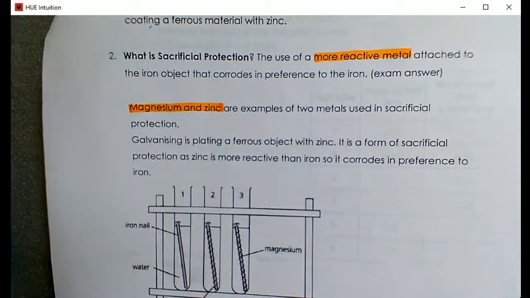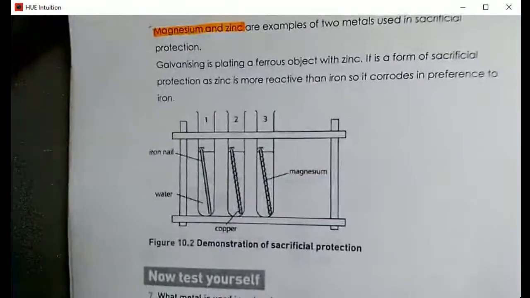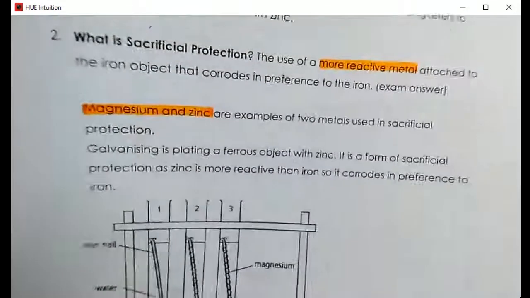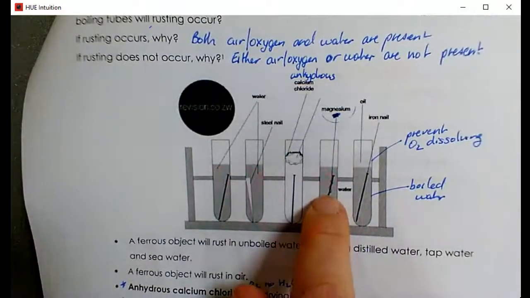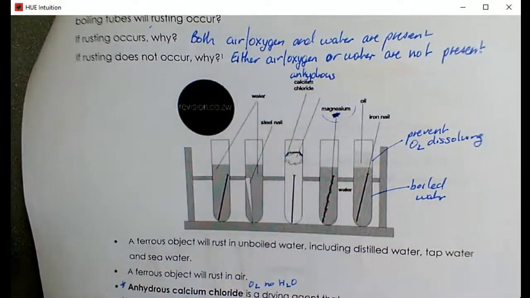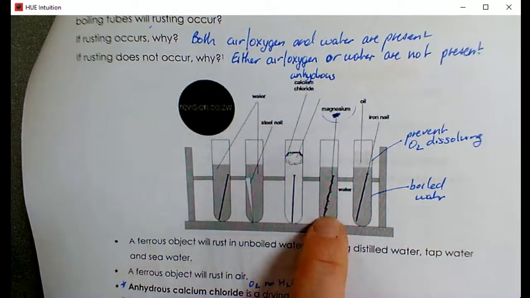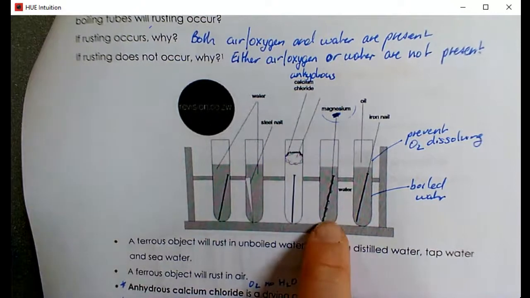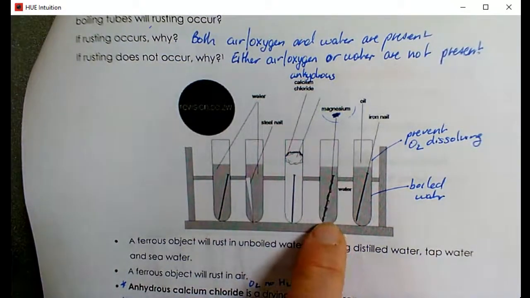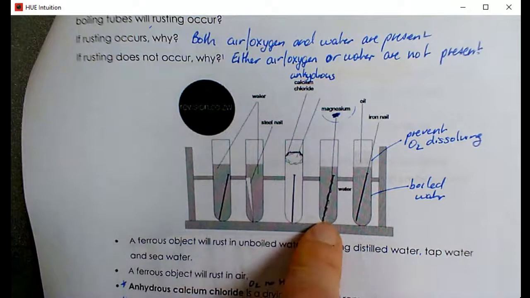Okay, so let's have a look at how this works. Now, actually, go back to page 5, page 6. And now, perhaps, when you look at this example, you'll see exactly why the nail will not rust in this picture here. So if you just wrap a wire of magnesium, all it has to do, it doesn't have to completely cover it, it just has to be in contact with the iron. So if you put a piece of magnesium wire around the iron nail, that will prevent rusting.